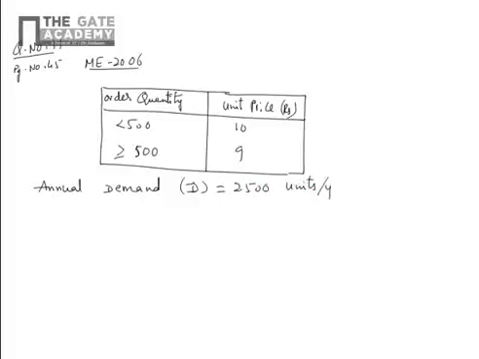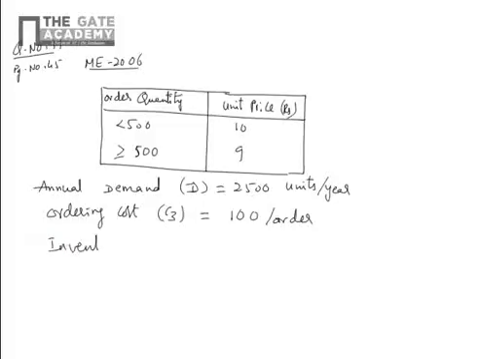Ordering cost C3 is equal to 100 rupees per order. Inventory holding cost, holding rate he has given, is 25% of unit price. So nothing else.